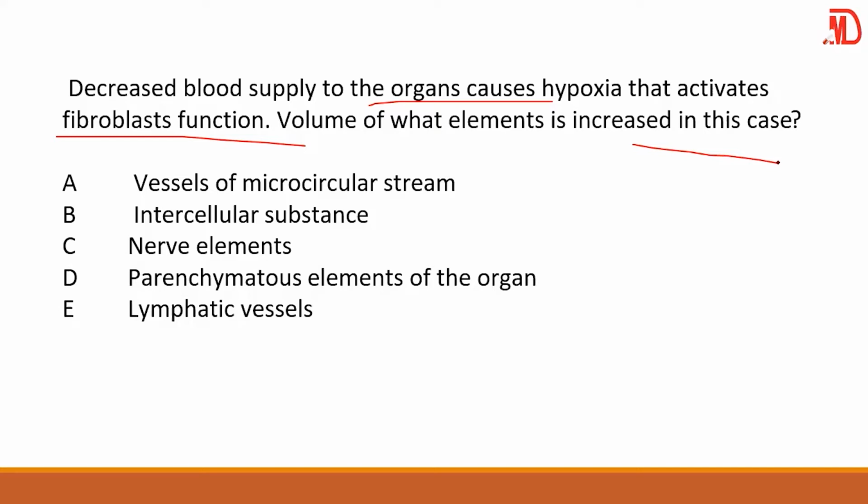The substances within the extracellular matrix, we call them what? Intercellular substances. And this will include the ground substances such as the prostaglandins, the glycoproteins, the collagen fibers, which form part of the connective tissues, and the fibroblasts. All of these things form part of the extracellular matrix.